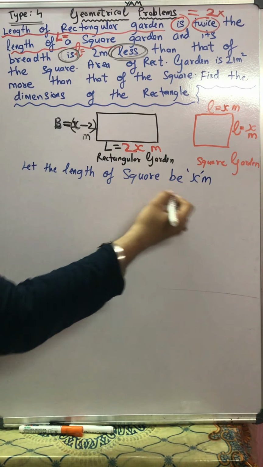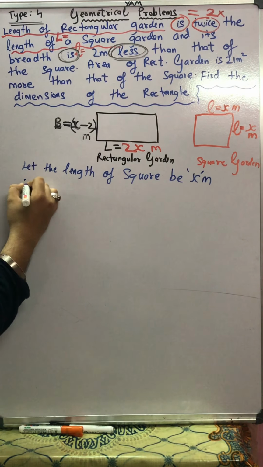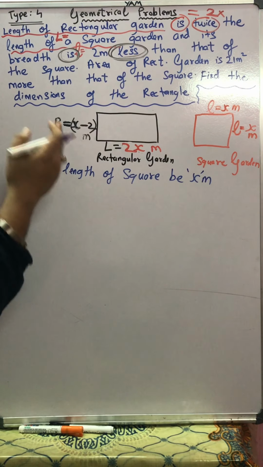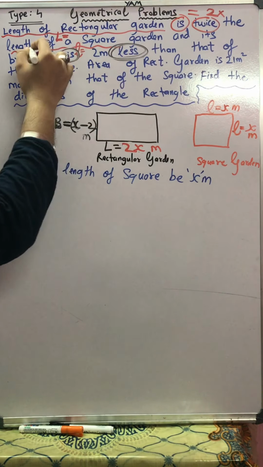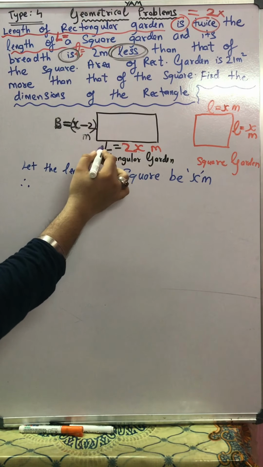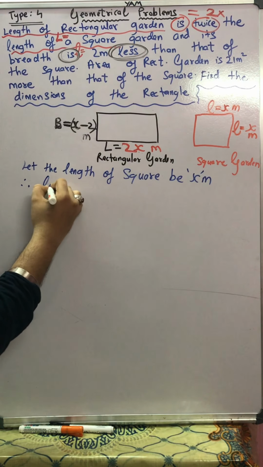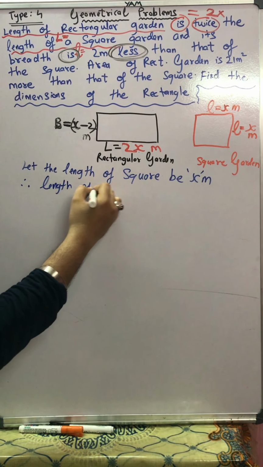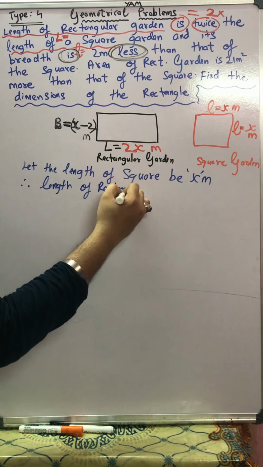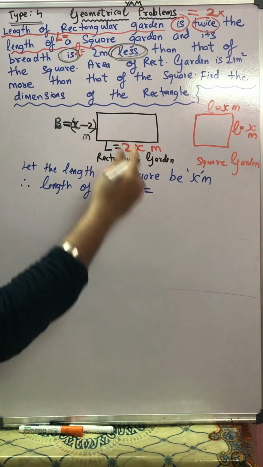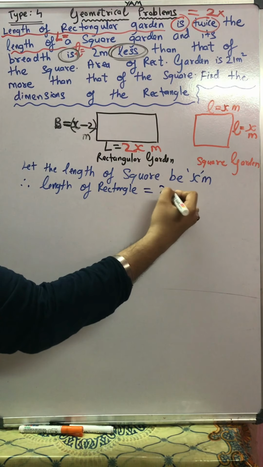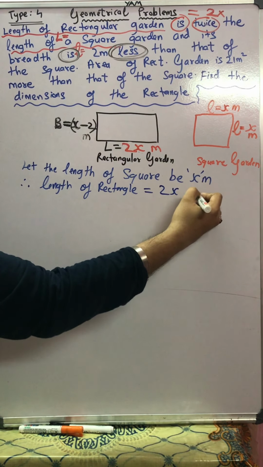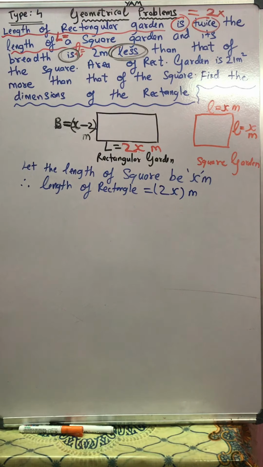Now it was written that the length of the rectangular garden is twice the length of the square. So we got that the length of the rectangle is 2x. Therefore, the length of the rectangle is equal to twice the length of the square, so 2x meters.